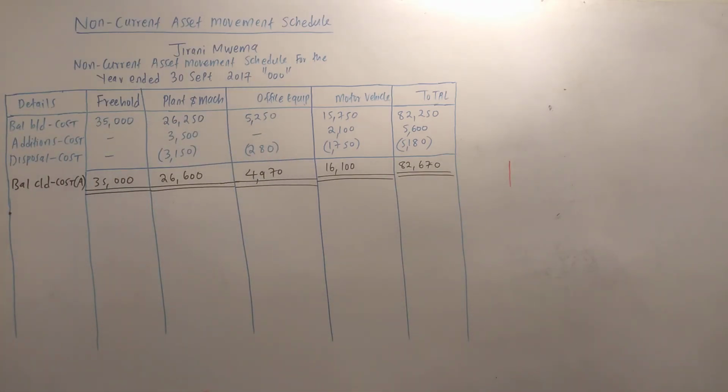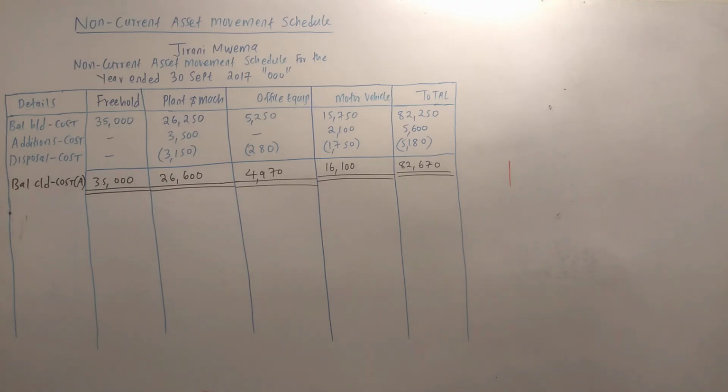Then we come up to we introduce depreciation. Now we can introduce depreciation. So let's introduce the depreciation, and the first thing that we start with, the accumulated depreciation balances, balance brought down. So we say accumulated. Let me use a different pen.